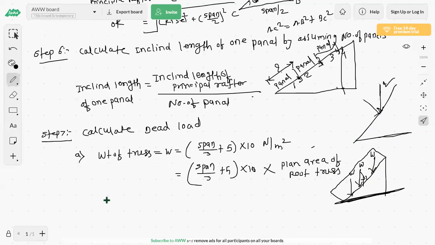So how to calculate plan area? The plan area of roof truss is equal to span by 2. How to calculate span by 2? This is the total span, so this span by 2, into spacing of truss.